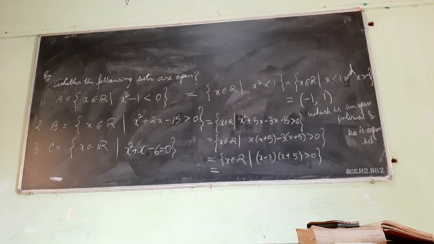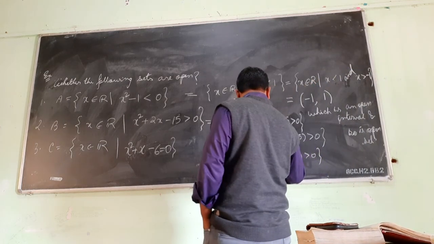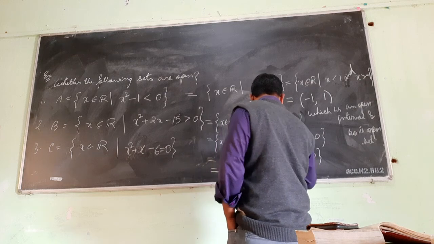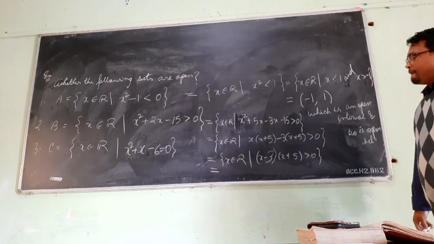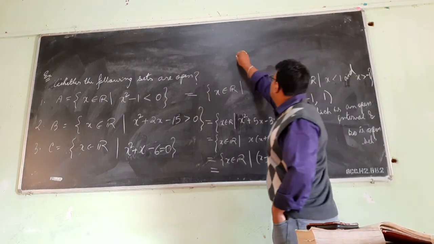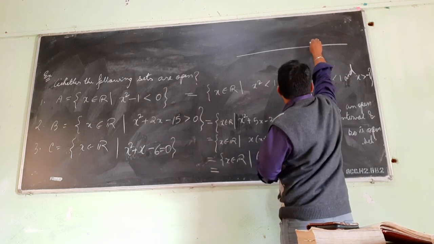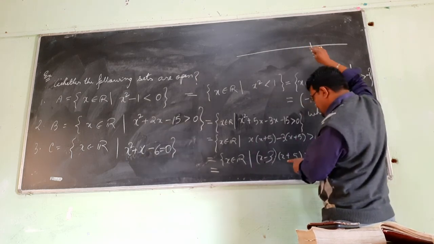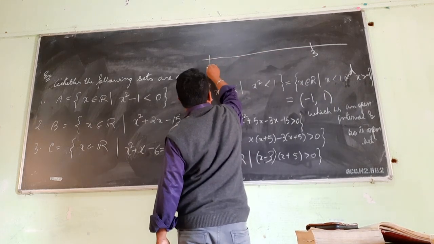Here is 3, and x minus minus 5, so minus 5 is another one, somewhere here.